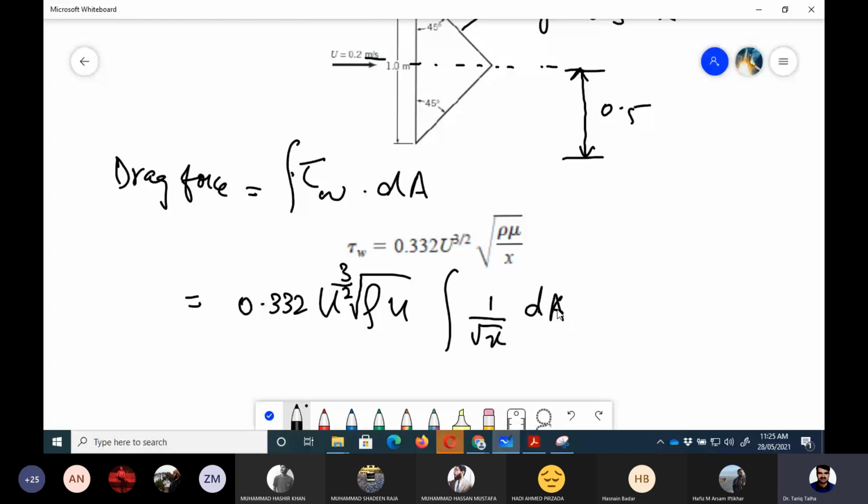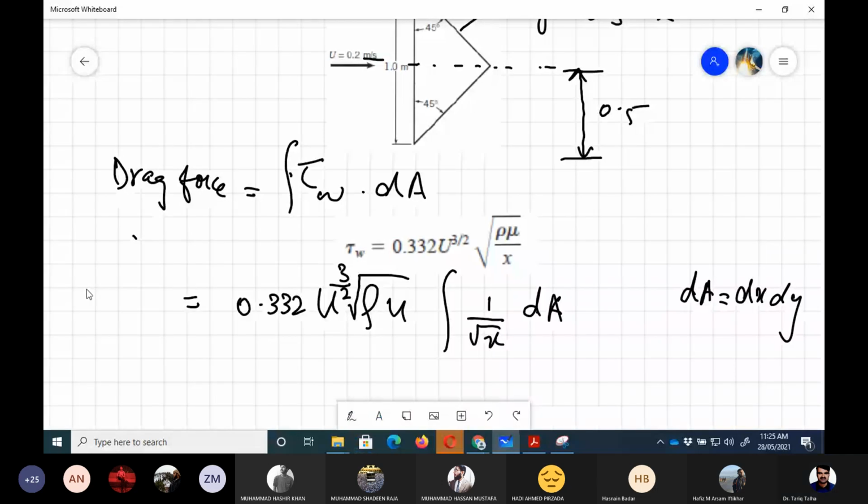Now, what is dA? dA is basically dx dy, right? Now, what would be the limits here? For the limits, we need to see that if we have y equal to 0, then x would be 0, and when we have y equal to 0.5, then x would be, if we use very simple trigonometry, 0.5, right?